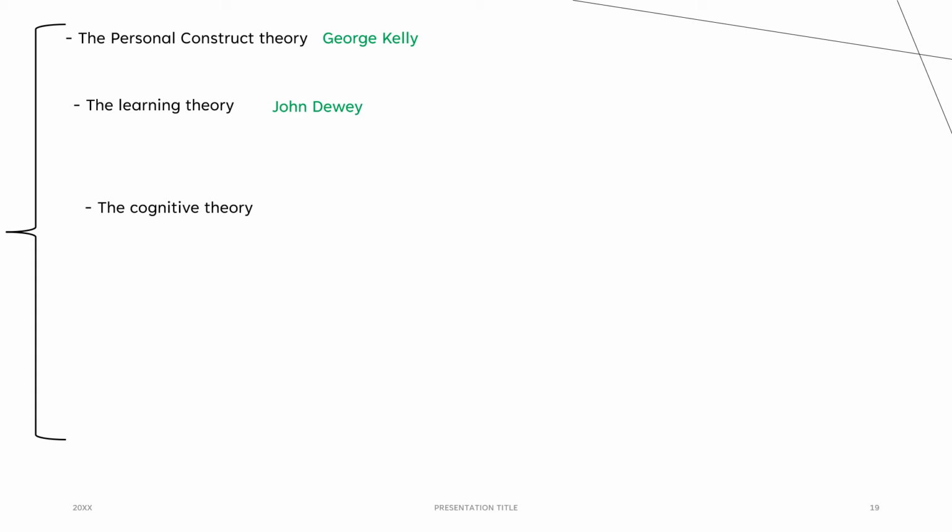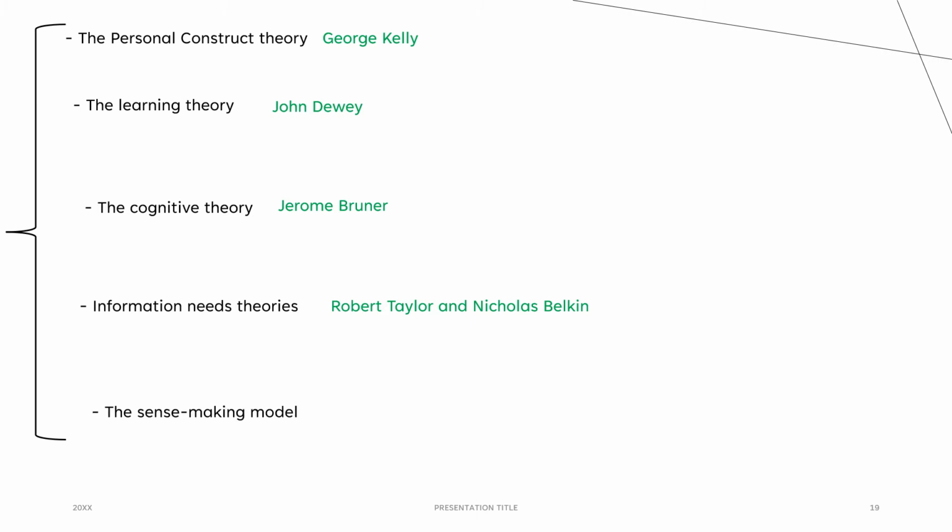In particular, her research builds on the personal construct theory of George Kelly in 1963, the learning theory of John Dewey in 1916 to 1933, the cognitive theory of Jerome Bruner in 1980, information needs theories in the writings of Robert Taylor and Nicholas Belkin in 1980, and the sense-making model created by Brenda Dervin in 1983.